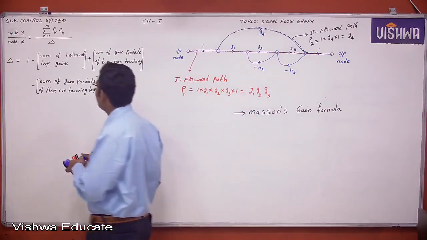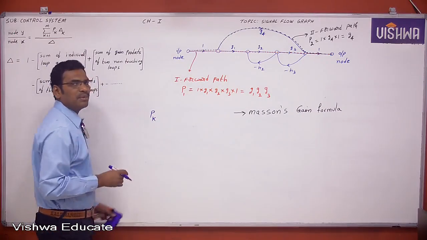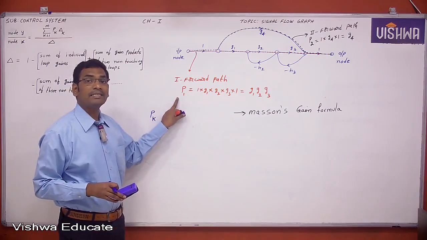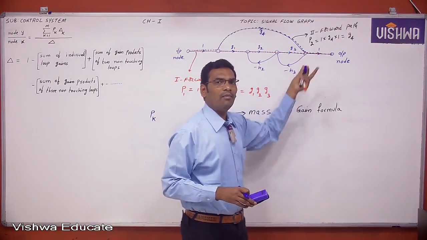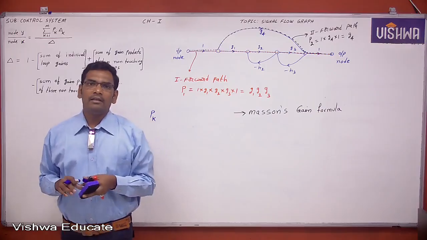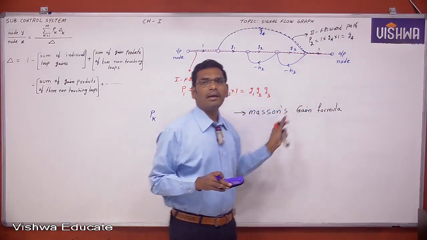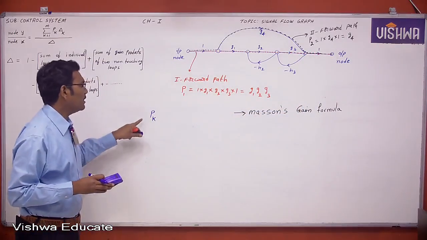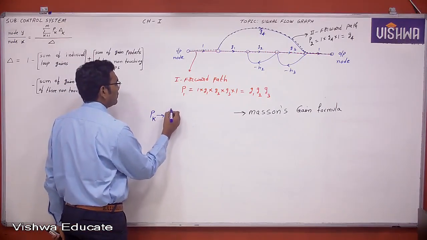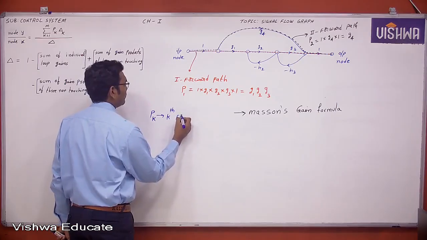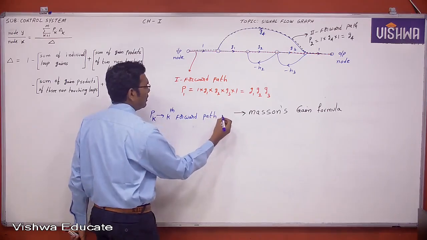Next, P suffix k. What is P suffix k? What is P1? P1 is the first forward path gain. P2 is the second forward path gain. P3 is the third forward path gain.